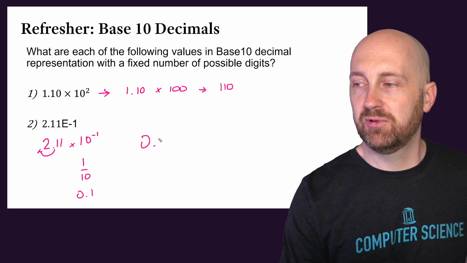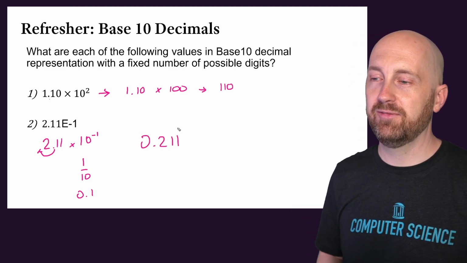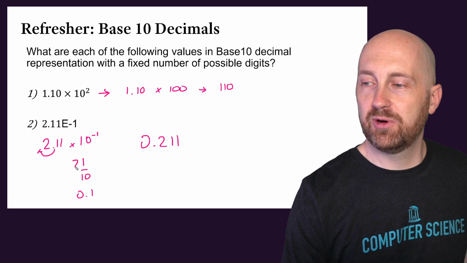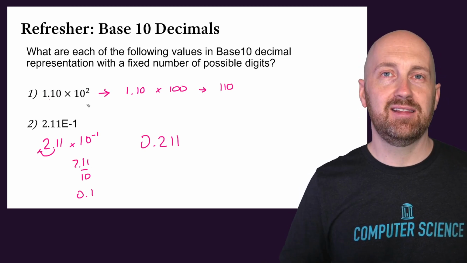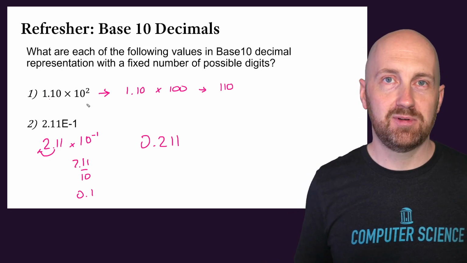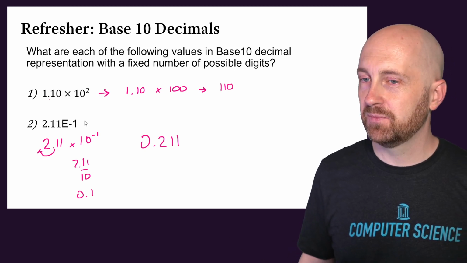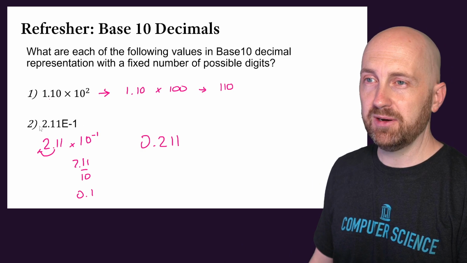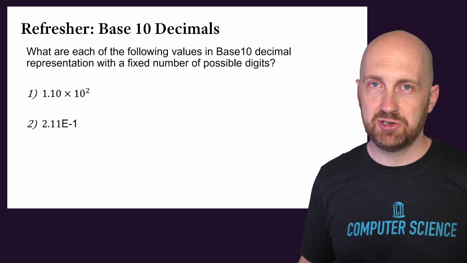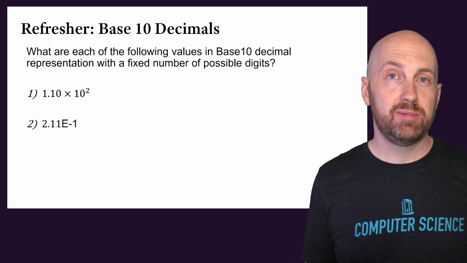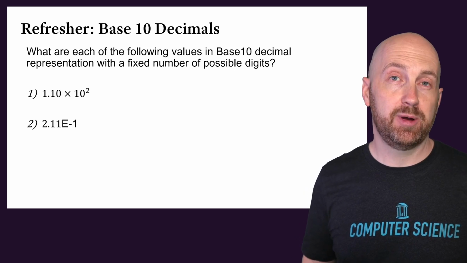So this would be 0.211. We're effectively dividing 2.11 by 10, and this has the result of decreasing its magnitude by 1 power of 10. So hopefully this feels familiar, and scientific notation is something that we've been taught, and it's going to play a significant role in how we think about what floating point actually is in computation.